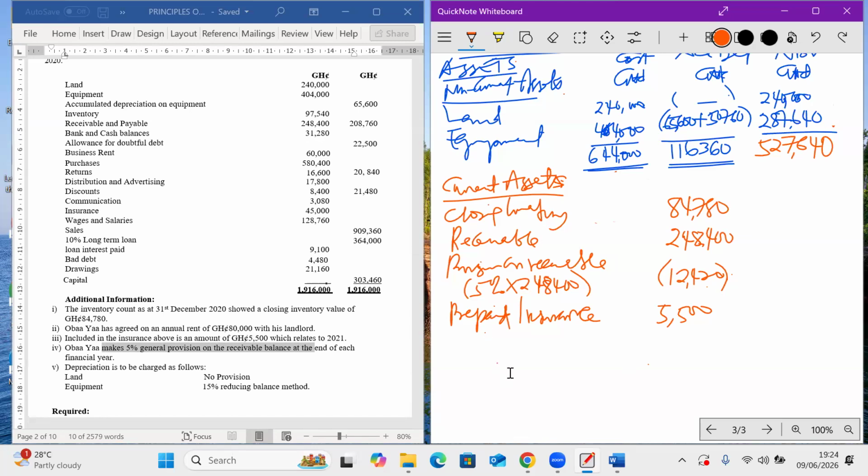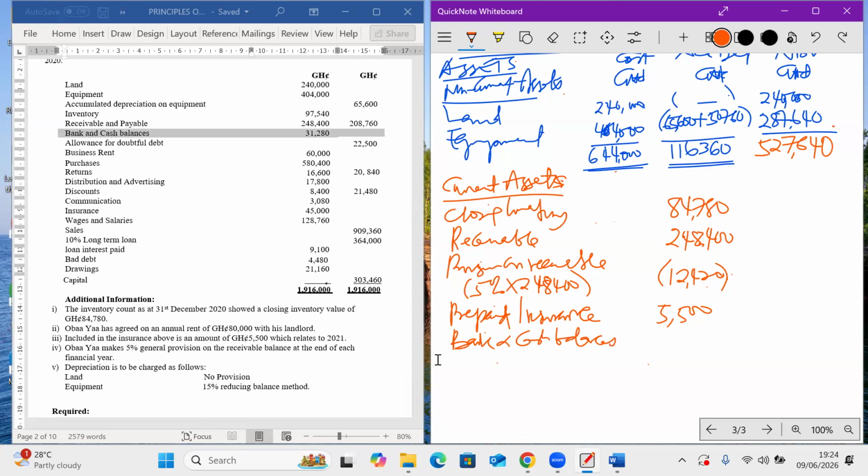So after the prepaid insurance, we'll go to bank and cash balances. How much is it? 31,280. We add. Are we good? Yes, sir. Add everything, and I'll put the total here.